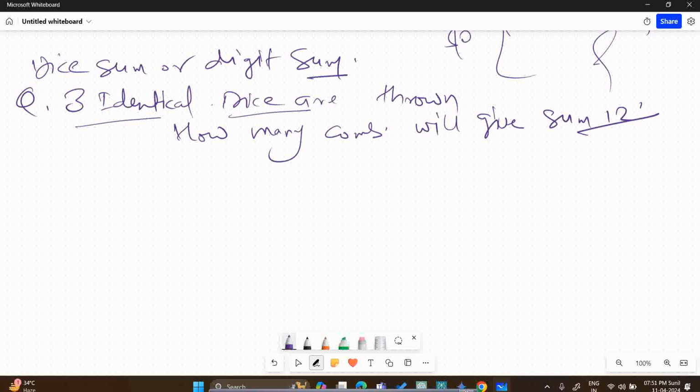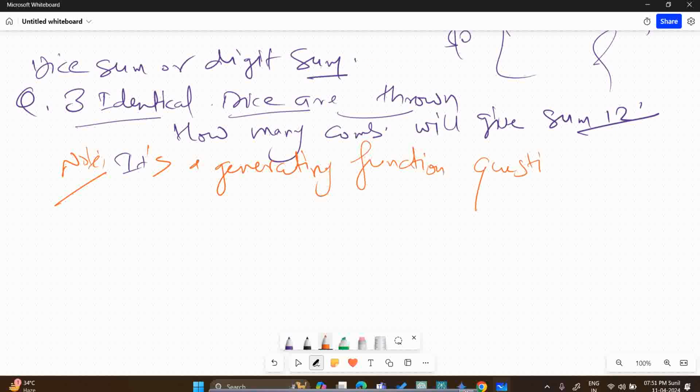So this type of problem is a generating function question.